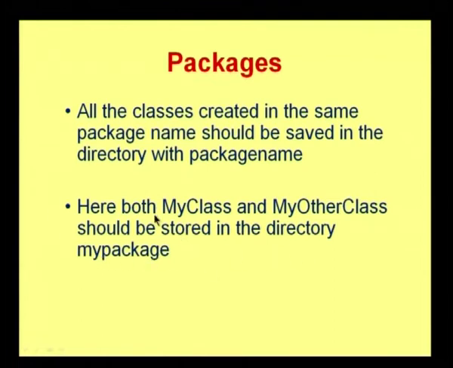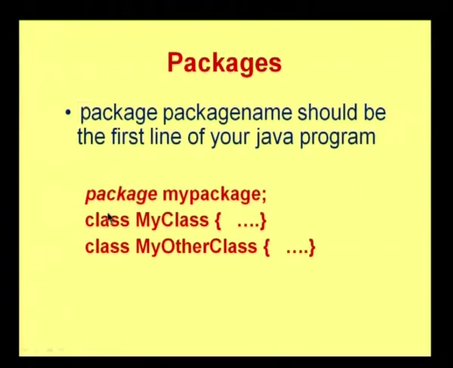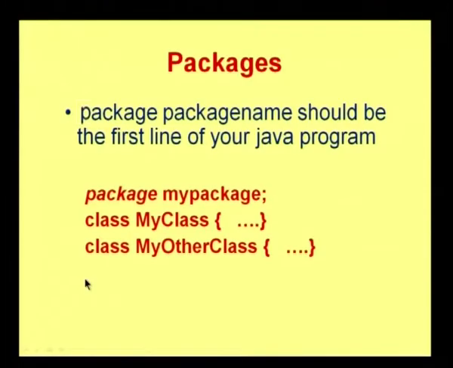So, we have seen that, for example, we have d:\ugc. In that, I give the package, my package, and then my classes. In that case, inside your d:\ugc a my package directory should be created and the class files of these classes should be put inside. As already told, it means that I am inside d:\ugc and I am trying to compile this program.